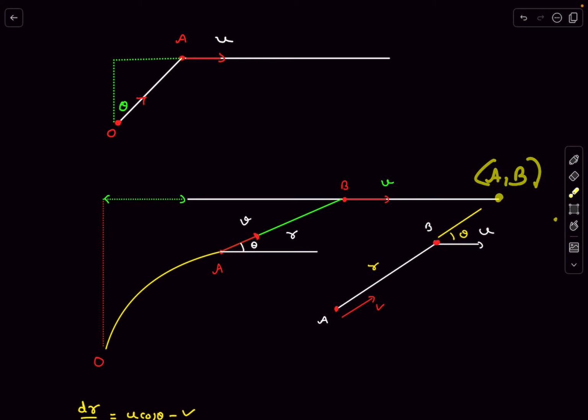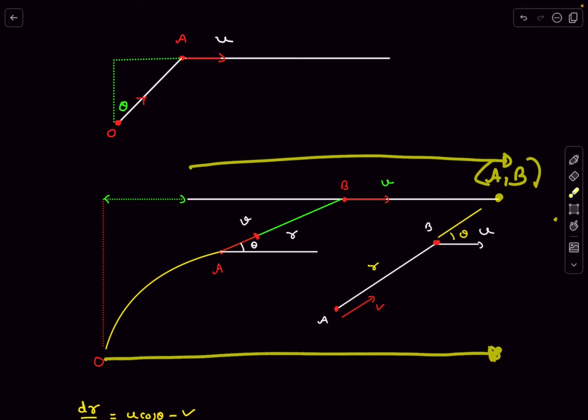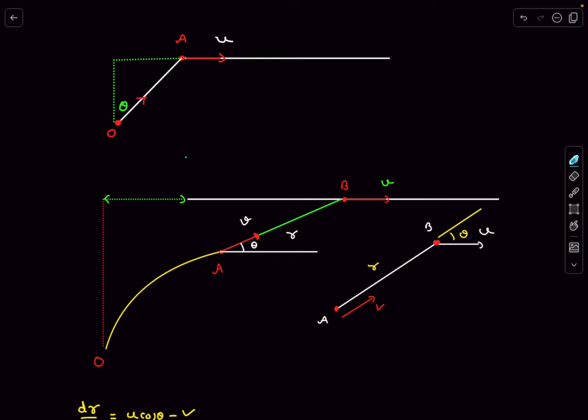So the displacement covered by the mouse is this arrow over here, and the horizontal displacement of the cat is this vector over here. If you look at the difference in length, it will turn out to be this dotted green arrow. The mouse starts from this particular point, and let's say it's caught at this point x.